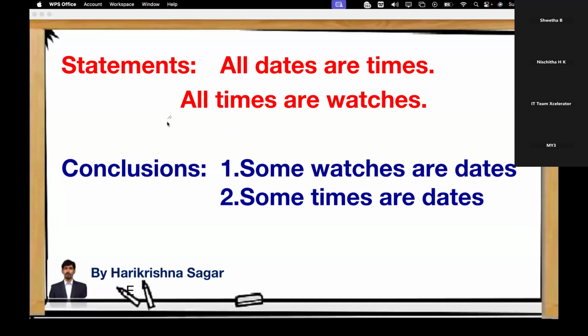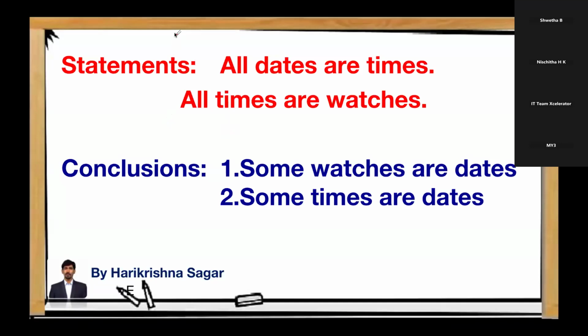Look at the next question available on the screen. I'm expecting your answer. Respond in the chat box. Look at the statements, draw the diagram, read the conclusion, decide which conclusion follows.